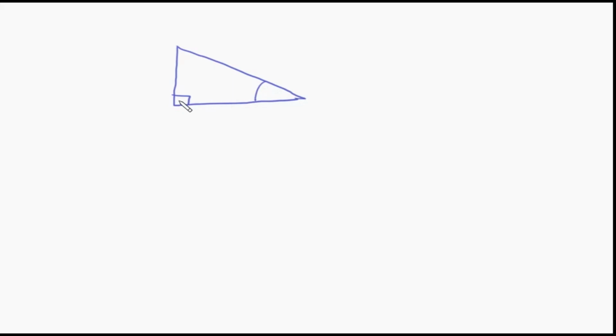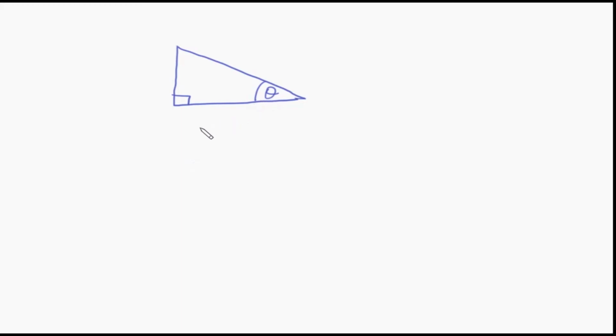This 90 degrees here is just a symbol that should be a signal or a flag to you that this is a right angle triangle. Now you will usually be given another angle. Let's call it angle theta. This angle is very important also. You are going to discover why I'm saying it's very important.